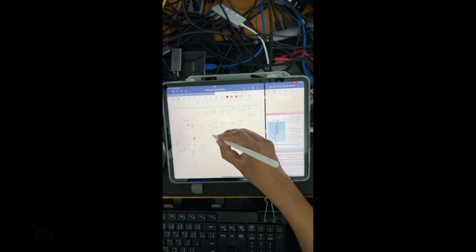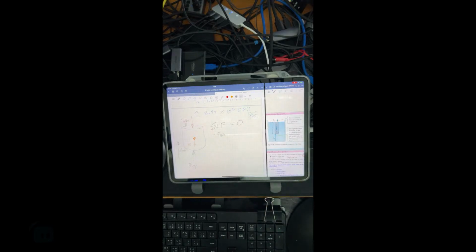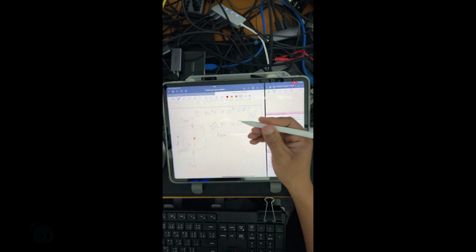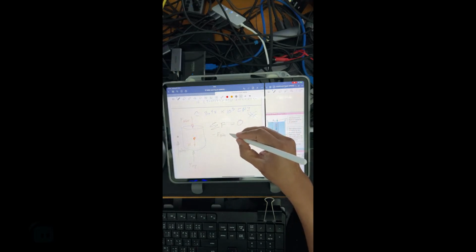So F air is negative F air in this case, because plus means pointing upward. And W is negative W, W water.